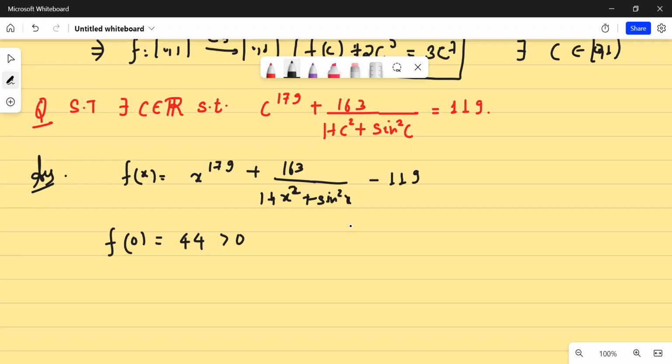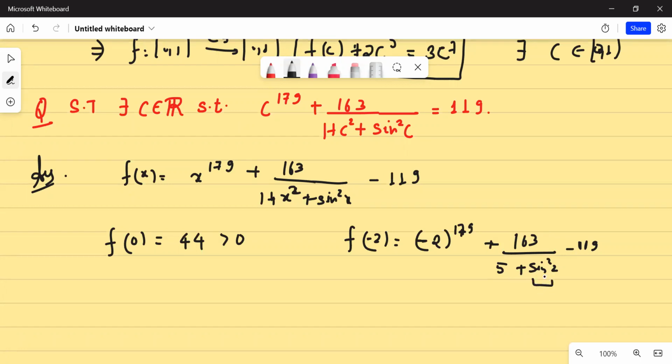And let's say if you want to find f minus 2, what would be f minus 2? It would be minus 2 to the power 179 plus 163 divided by 5 plus sin square 2 minus 119. Now remember, this minus 2 raised to power 179 would be a very large quantity as compared to this, because 163 divided by 5 plus what is sin square?